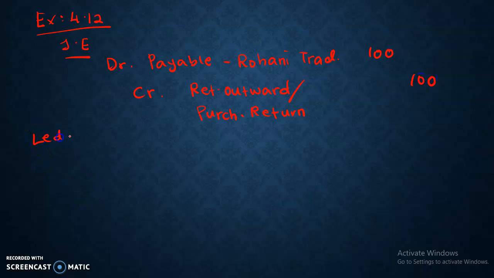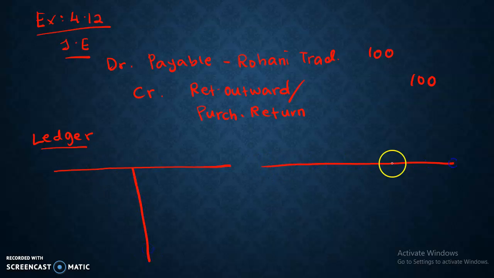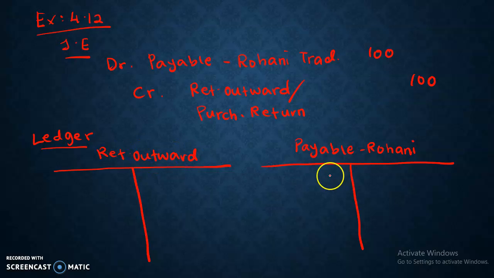Now, let's look at the ledger. You need to open one account and reuse the payable Rohani Trading account that you opened in the previous transaction. So you will debit payable Rohani.